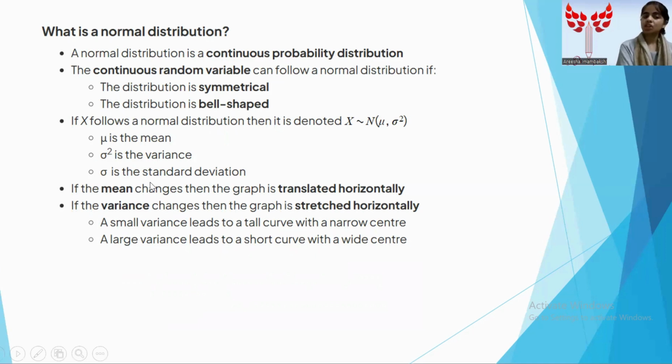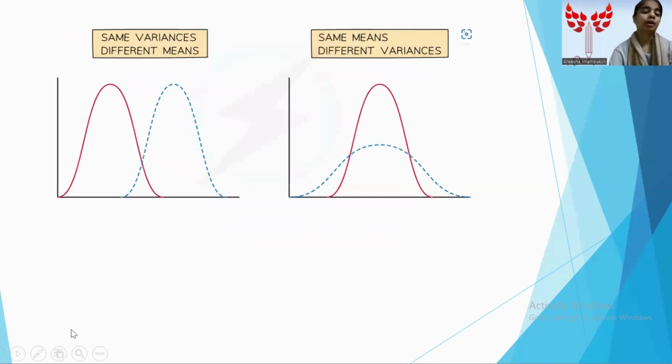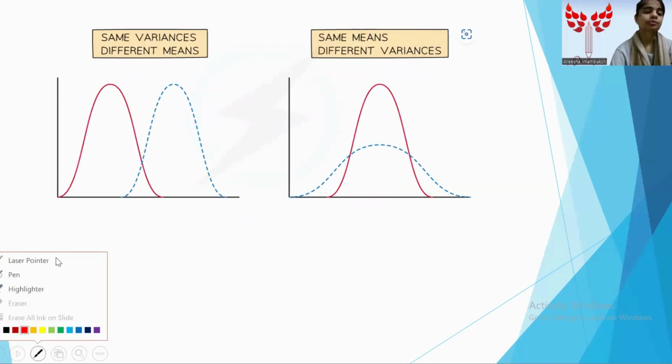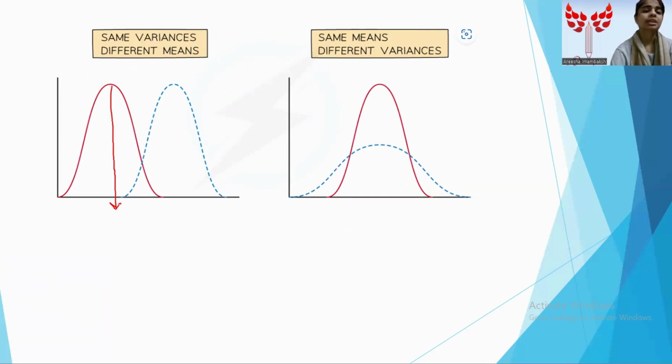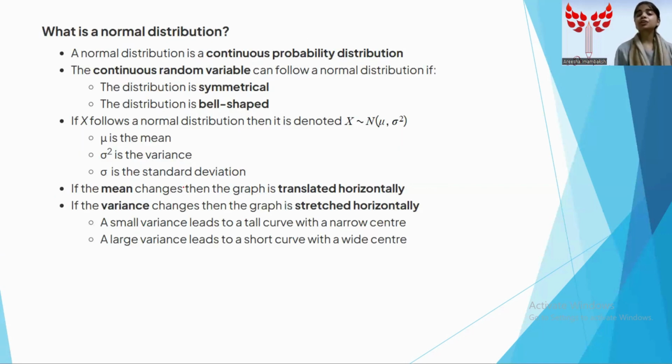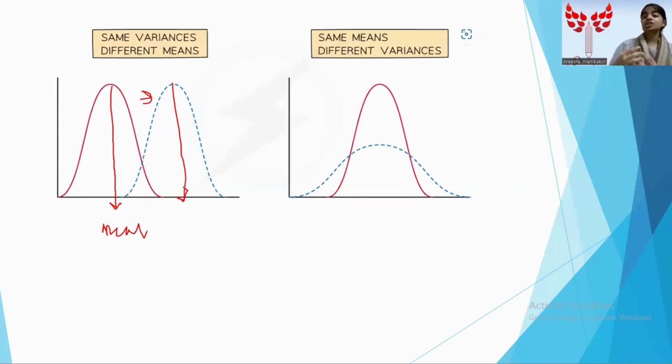If the mean changes, then the graph will translate horizontally, because the mean represents the maximum. If the mean changes, the graph simply translates. But if the spread of the data, the variance, changes, that will change the spread of the graph.